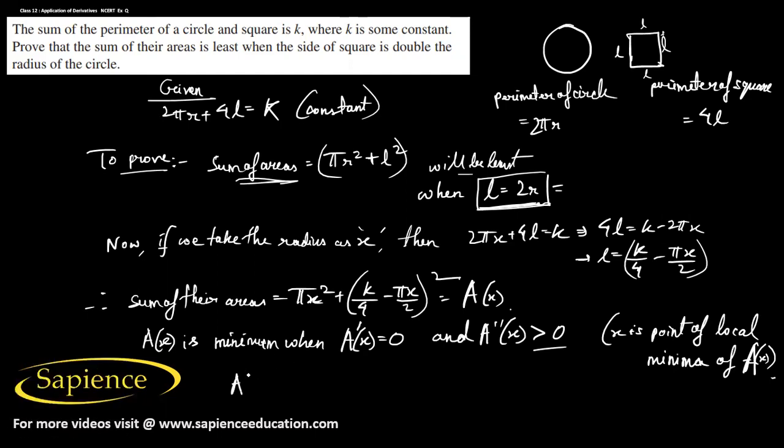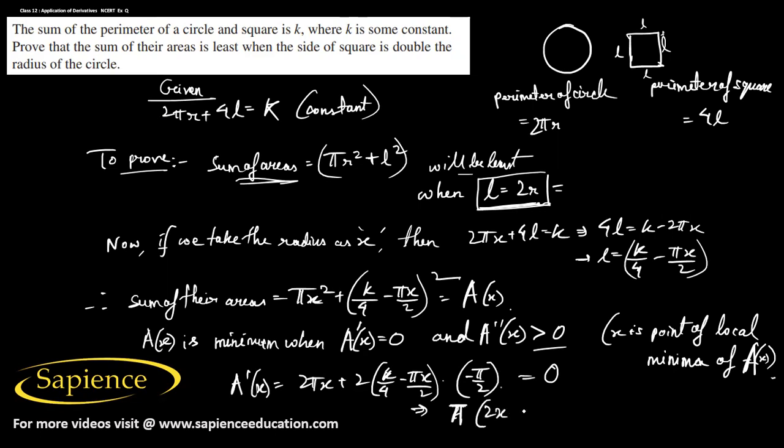therefore here A dash x will be equal to 2 pi x plus 2 into (K by 4 minus pi x by 2) into minus pi by 2. So that should be equal to 0. So from here, pi I can take as common.